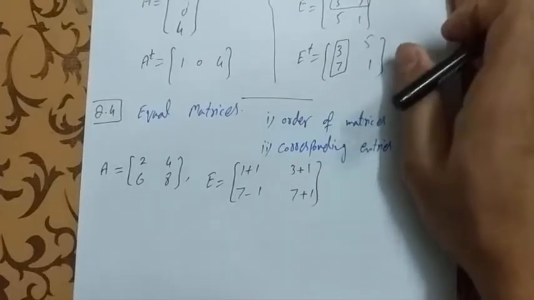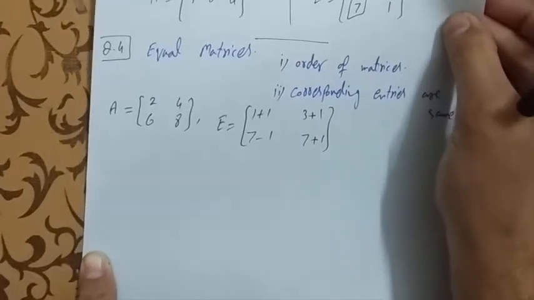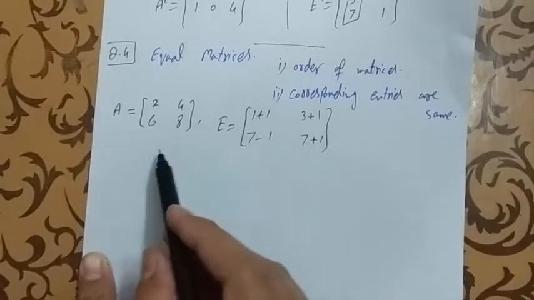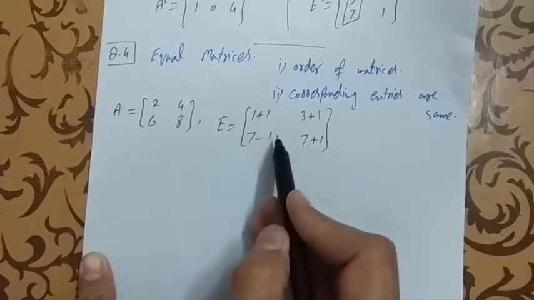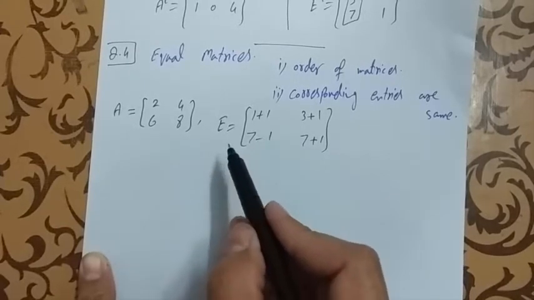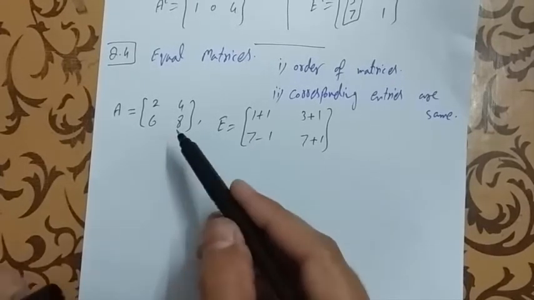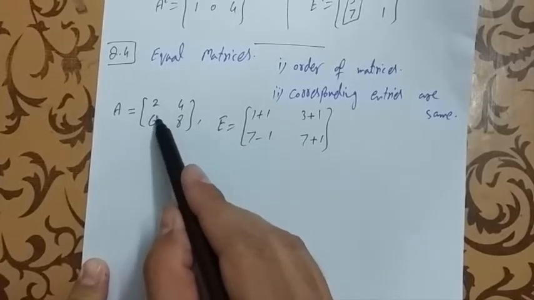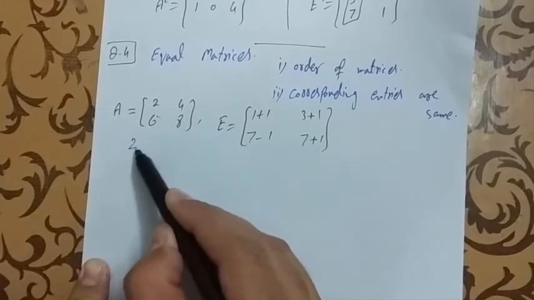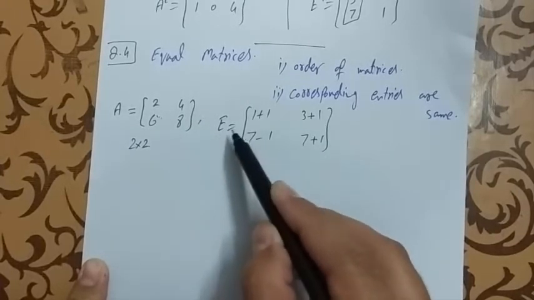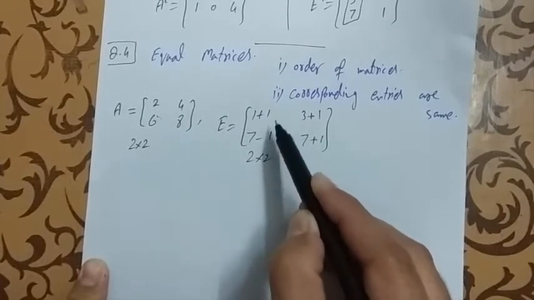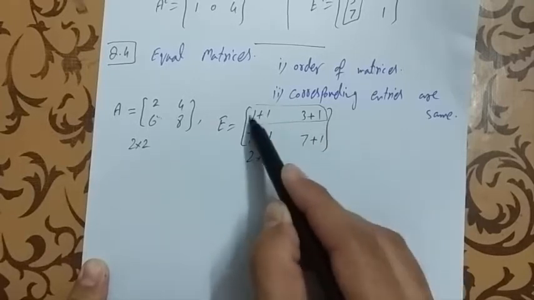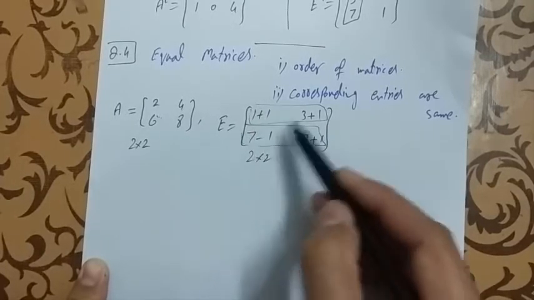Okay, students, if we keenly observe matrix A and matrix E, we conclude that the order of matrix A and matrix E are the same. The order of matrix A is 2 by 2 and the order of matrix E is also 2 by 2, because there are two rows and two columns.